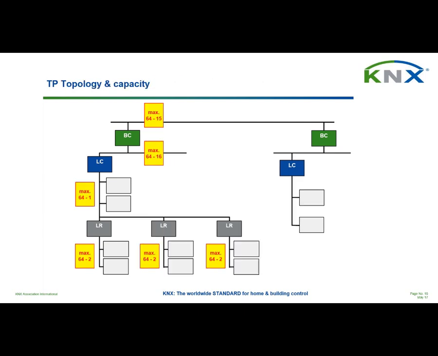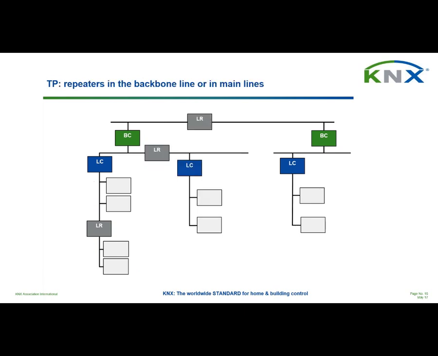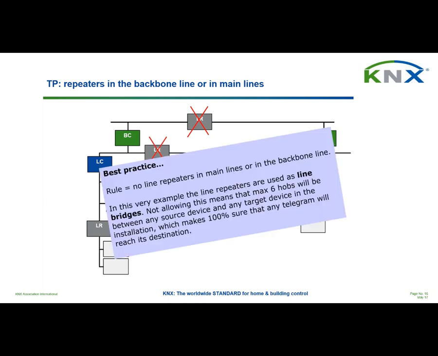Now you would think, okay, we have line repeaters for lines. Why don't we have that for main lines and backbone lines then? Why can't we do this or this? Well, the reason is as follows. If we would do that, we can no longer guarantee that all telegrams in an installation would reach their destination.